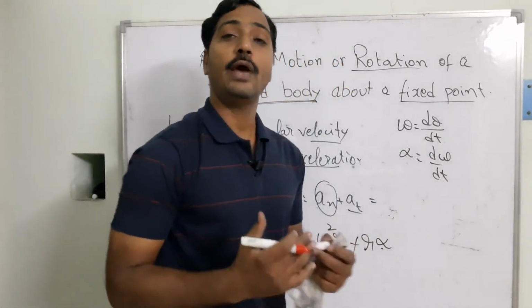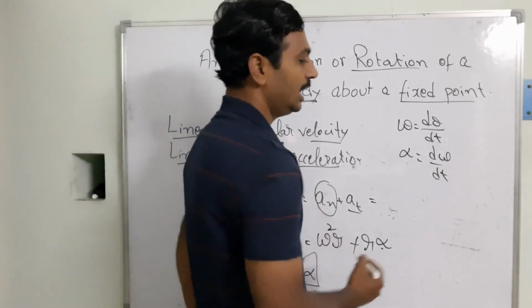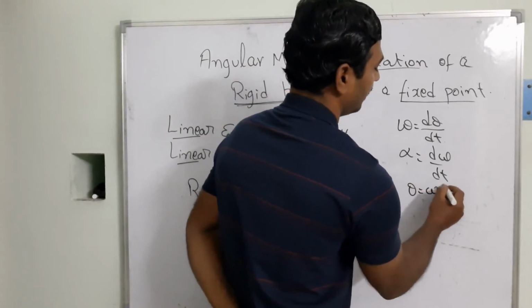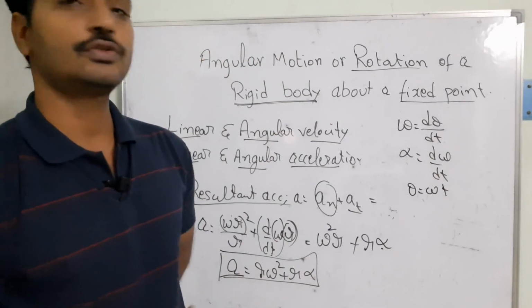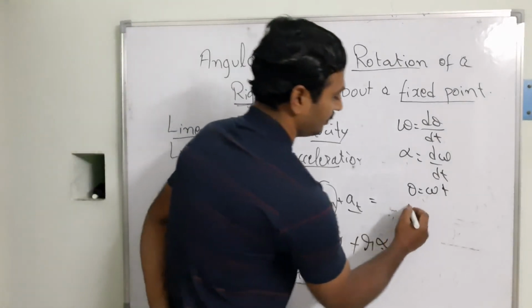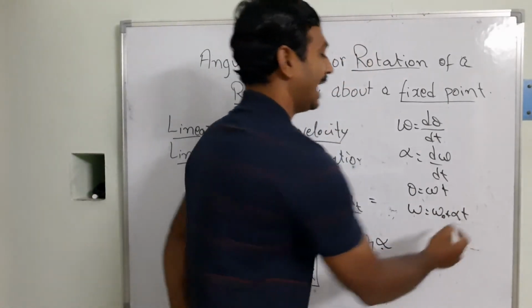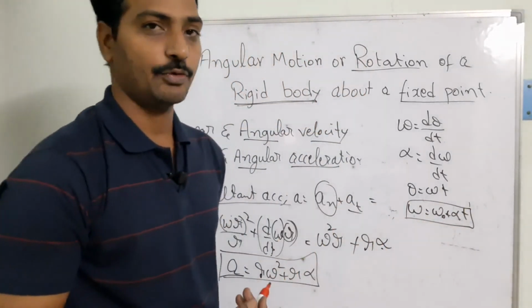Then we have uniform angular velocity, which gives theta is equal to omega t, as we calculated, right? And similarly for alpha, we have omega is equal to omega naught plus alpha t, right? Then we developed the relations between the linear as well as the angular motions.